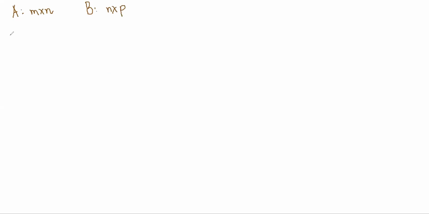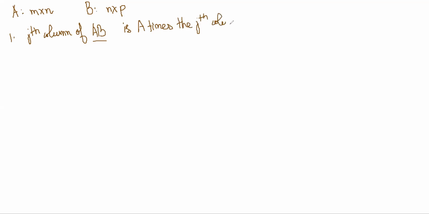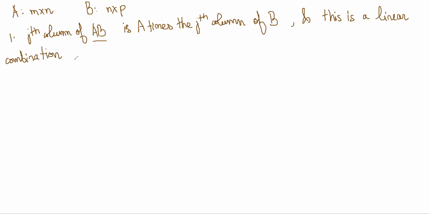Now the result is: the jth column of AB, the product, is A times the jth column of B, and this is a linear combination of the columns of A.